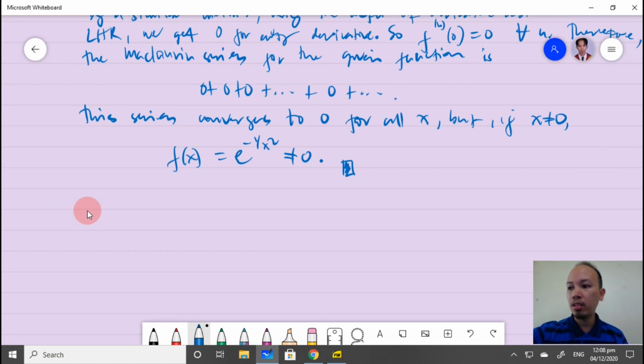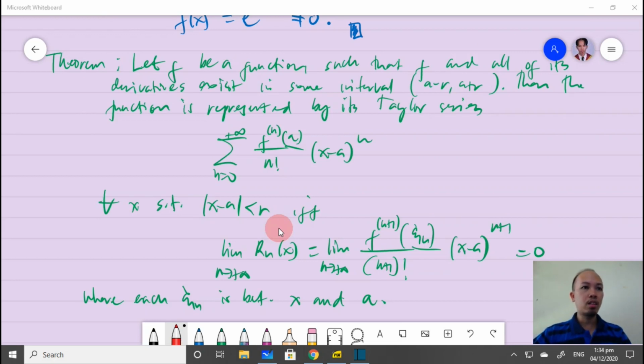Okay, this is the theorem that will determine whether a function is represented by its Taylor series. So let me put it here.